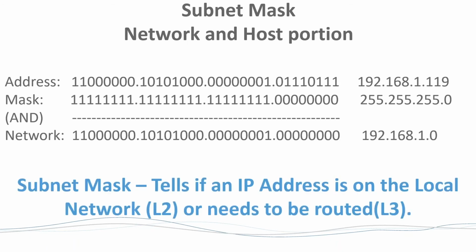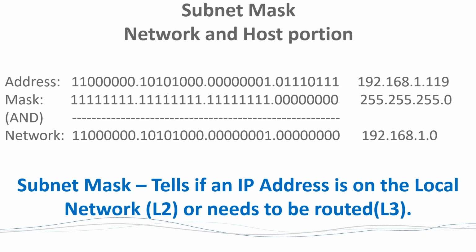So what does it do? What does a subnet mask do? The primary thing it does is it tells us if an address is on our local network or someplace else. That's the most important thing it does. Because we need to know that for layer 3 to work properly. If it's local, if it's on my LAN, if it's in my VLAN that's already defined, do I need layer 3?